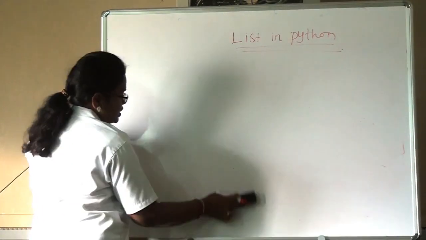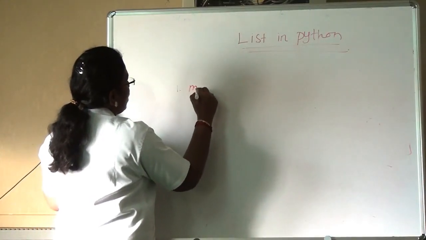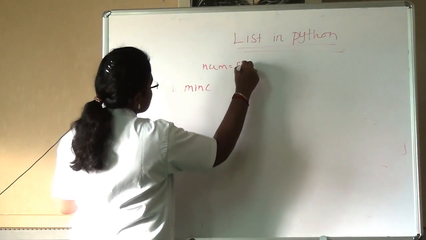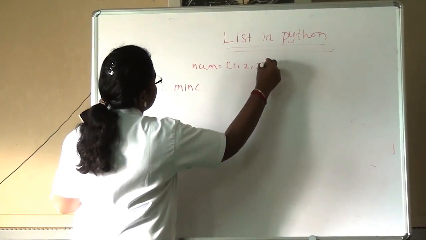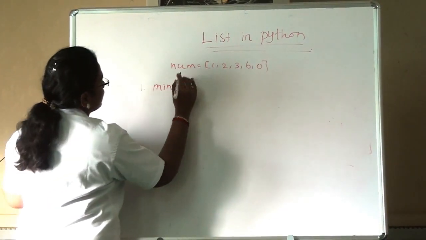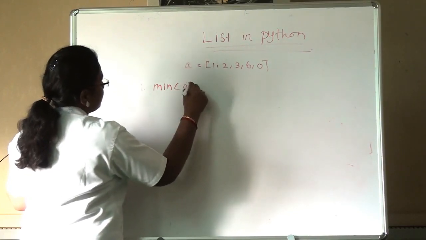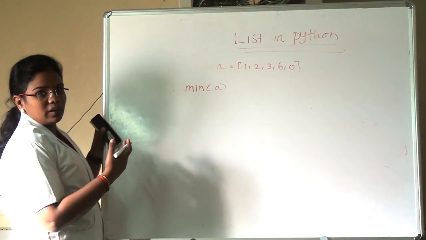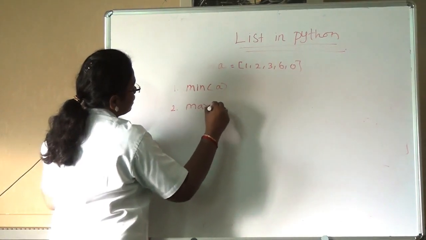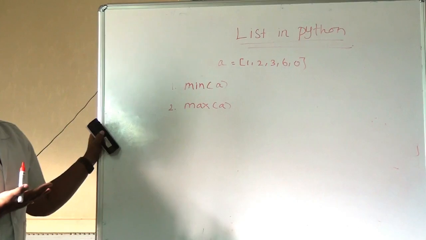Then other operations of list. Again I am taking the same example: 1, 2, 3, 6, 0, with the name A. First one is min(A), which gives the minimum element. The next one is max(A). These are all built-in functions to help with the operations of list.